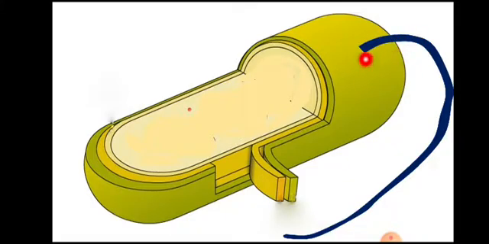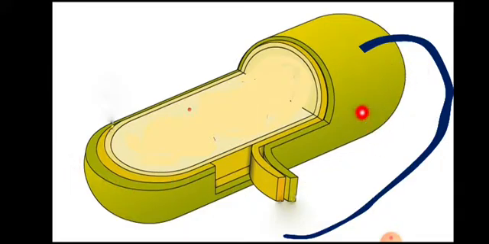Now in this diagram I have shown only one flagellum, but one bacterium may have more than one flagella. So this bacterium may have multiple flagella which are bound here, here, here, everywhere.